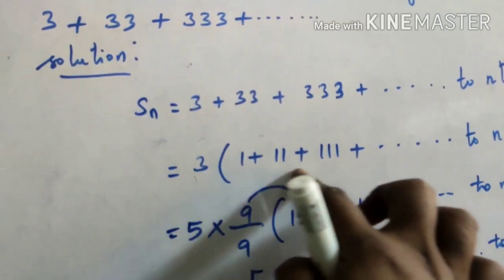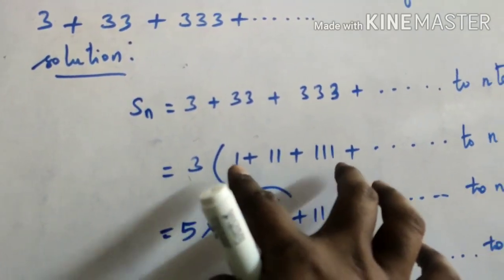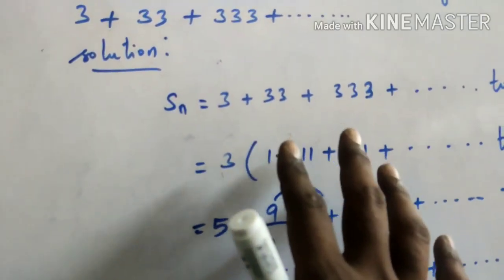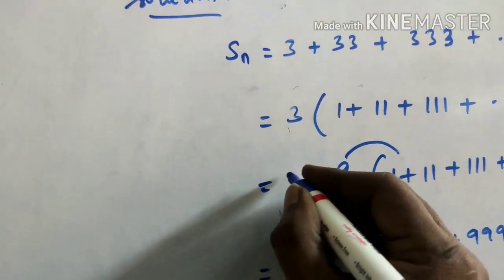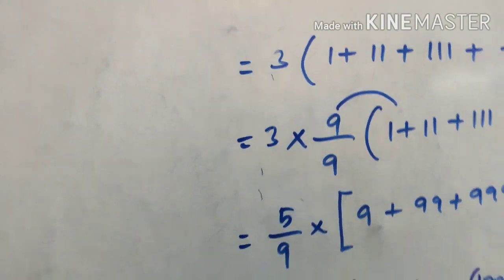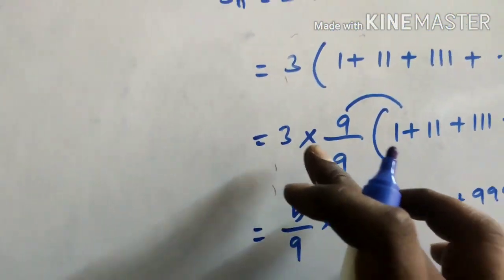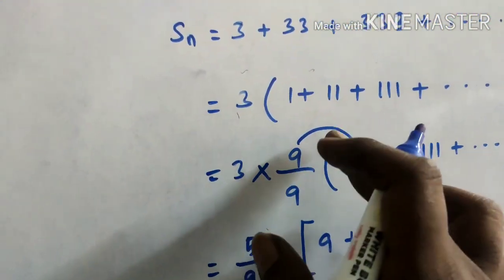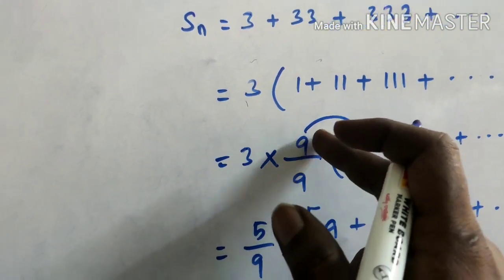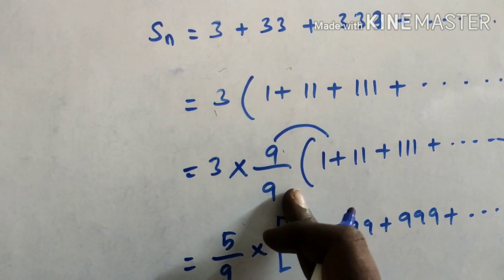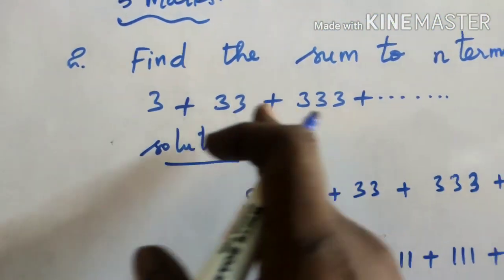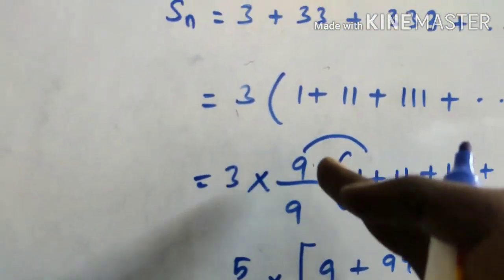As usual, the inside part, the series here will not change. Now, write 3 wherever 5 comes. 9 by 9 as usual same. I told you that this will not change. For all the sums based on this model, we have to multiply and divide by 9.